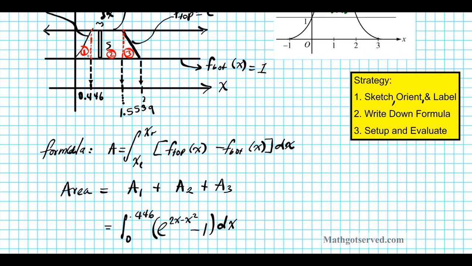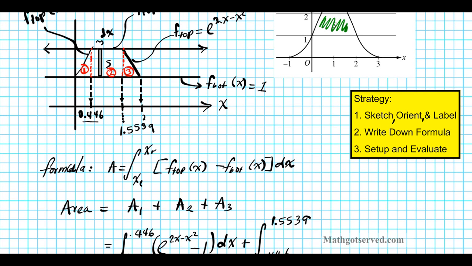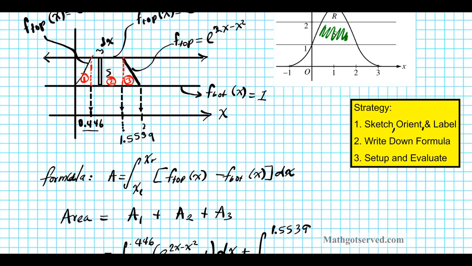Region 1 is this region right here, to the left of 0.446, plus area of region 2, which will be the integral from 0.446 all the way to 1.5539. And the integrand, f top minus f bottom.